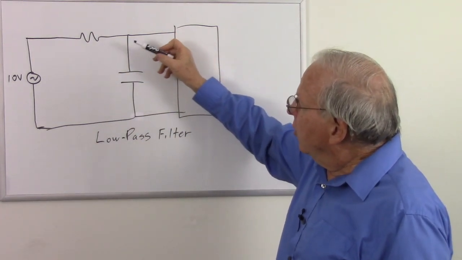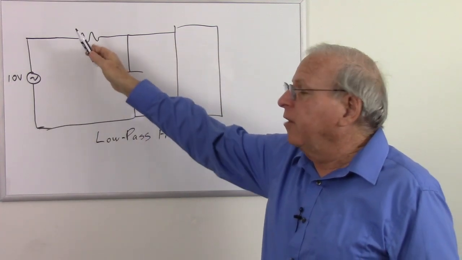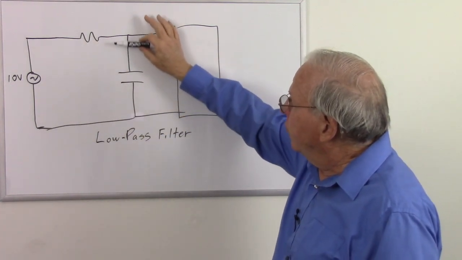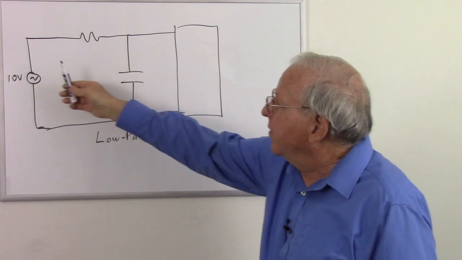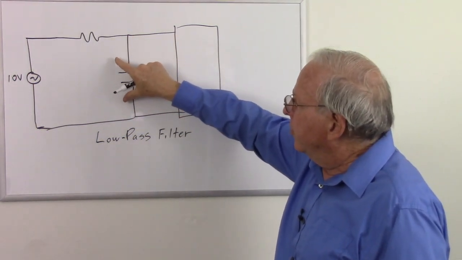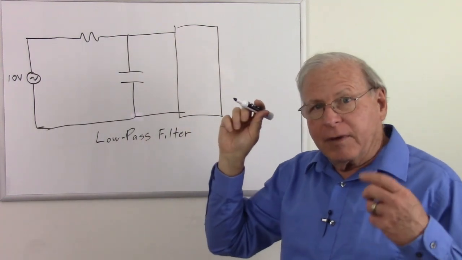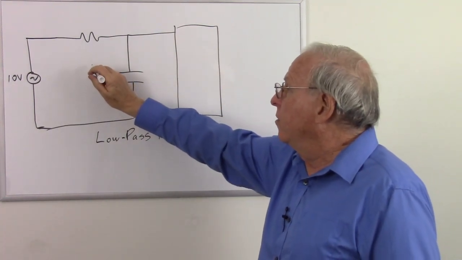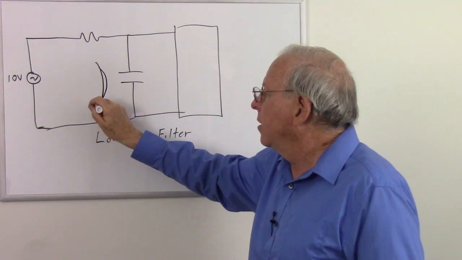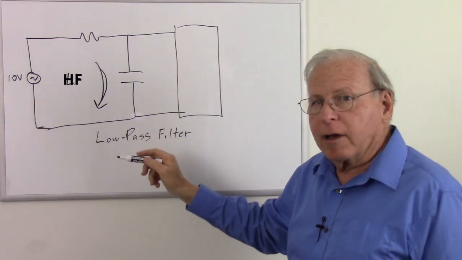So notice that the low-pass filter, if we're using just a capacitor and a resistor, that our capacitor is going to be in parallel with the signal. So the signal is going this direction, and the capacitor is in parallel with that signal. And we can think of it this way. Remember that high frequencies go through a capacitor.